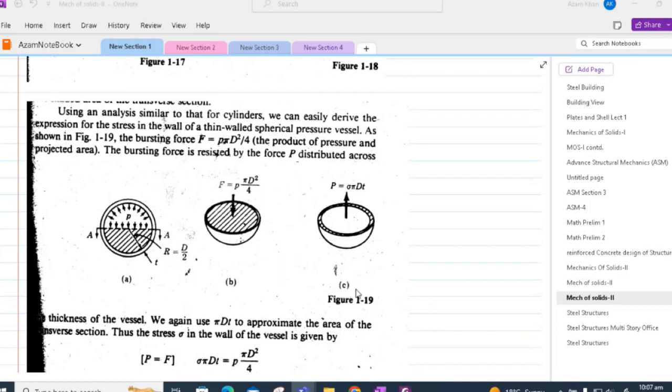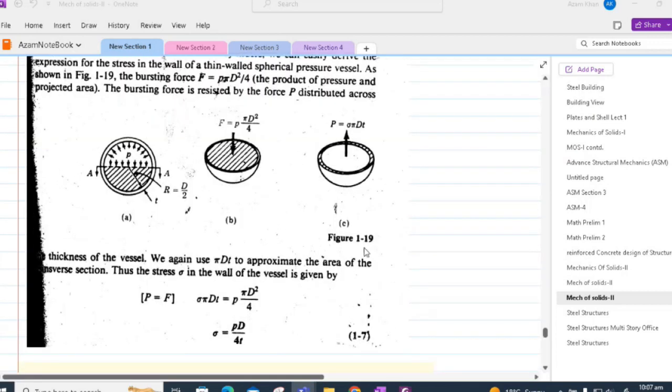Analogously, we can easily derive the expression for stress in the wall of a spherical pressure vessel. The bursting force F will be equal to p times pi d squared by 4, which will be resisted by P distributed across the thickness of the vessel.